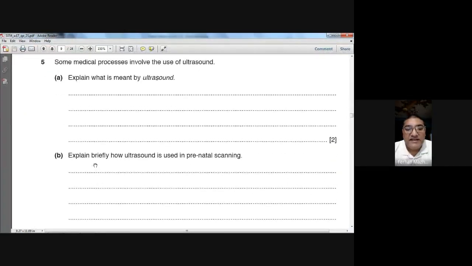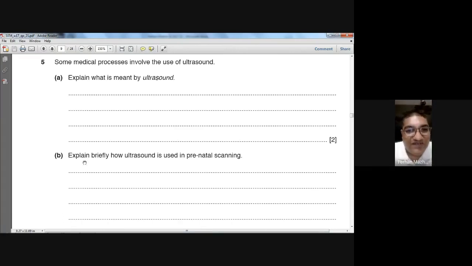Okay, so it's a very easy question he's asking. He's asking you to explain what is meant by ultrasound. Some medical processes involve the use of ultrasound. His question is, what is meant by ultrasound? Ultrasounds are sound waves.